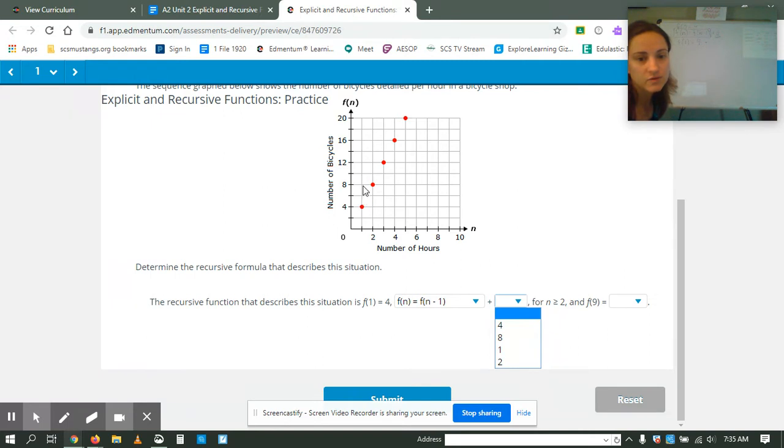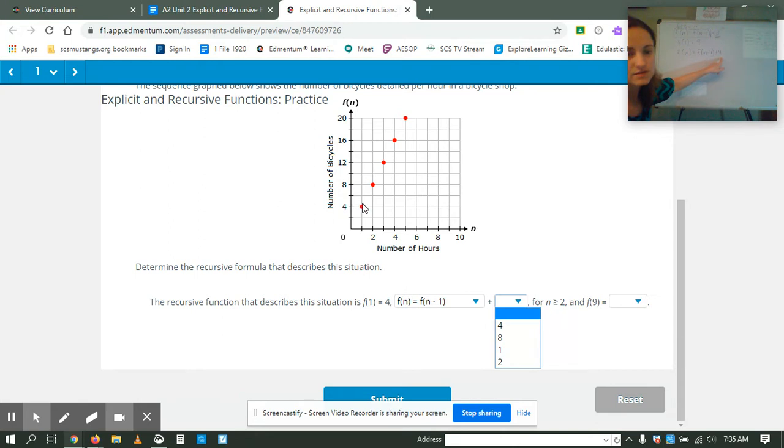So it really goes up 4. It goes up 4 over 1. So my common difference, this guy's going to be equal to 4. So my f of n is going to be equal to f of n minus 1 plus 4. And again, I got the plus 4 right here looking at my common difference.